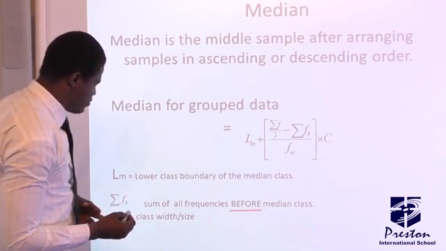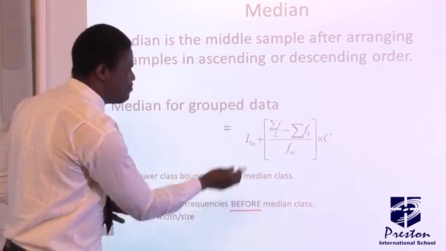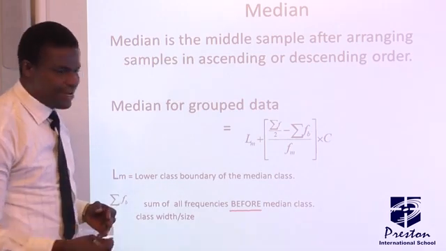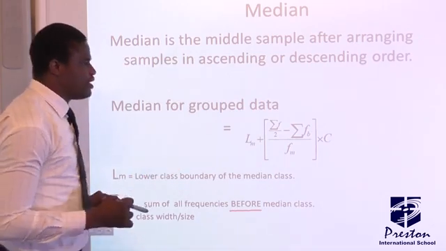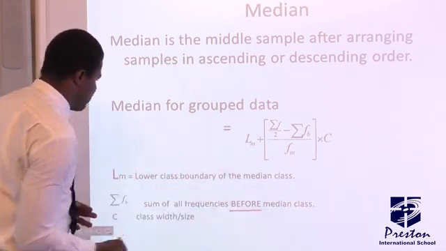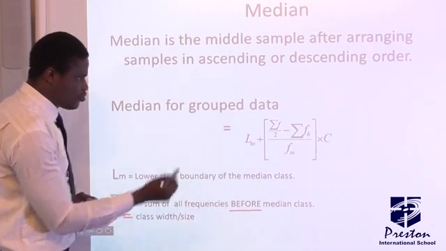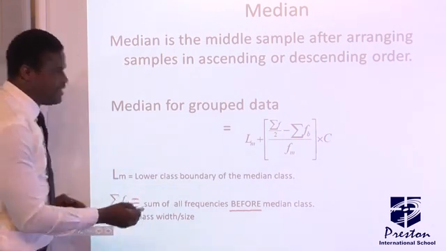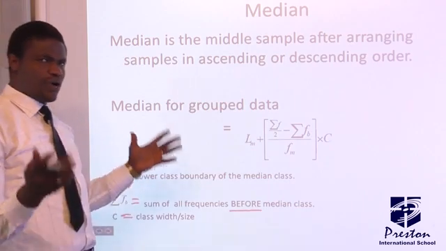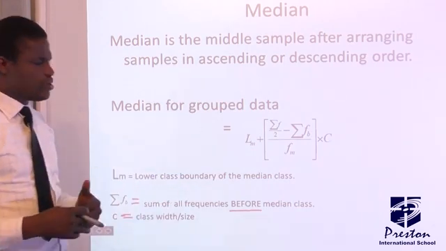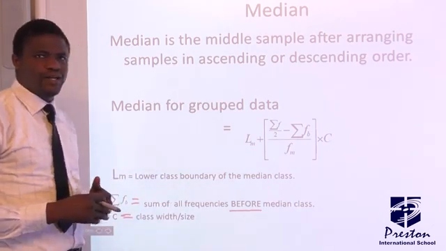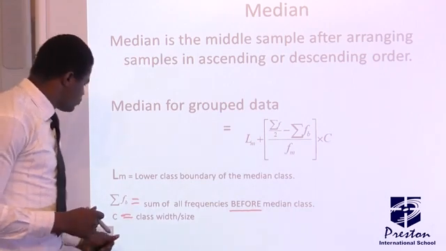Take note of that. Then over the frequency of the median class. Then we close the bracket and multiply by the class width. Take note of that. That C we have there is the class width. So we are going to solve some questions related to this formula in our Google Classroom.